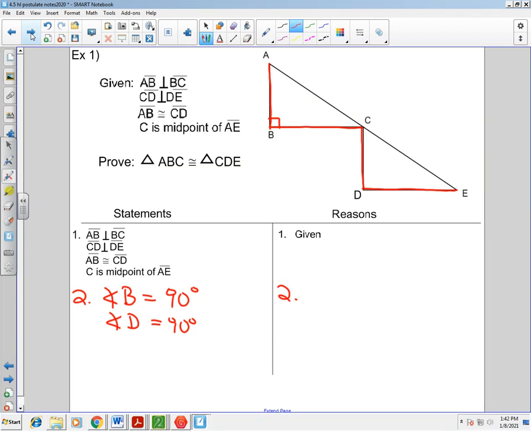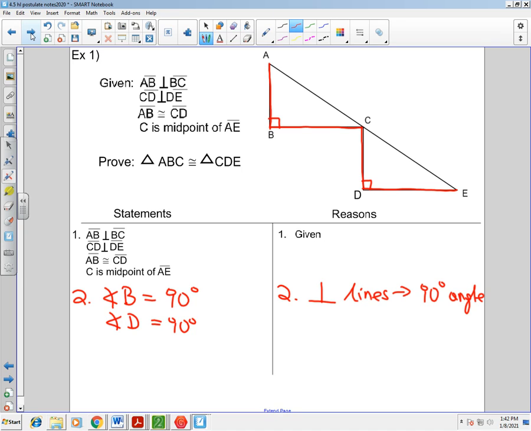And what would be the reason? We have perpendicular lines, which means 90-degree angles. You can also say perpendicular right angles, as long as you indicate that the angles are right angles, 90 degrees.